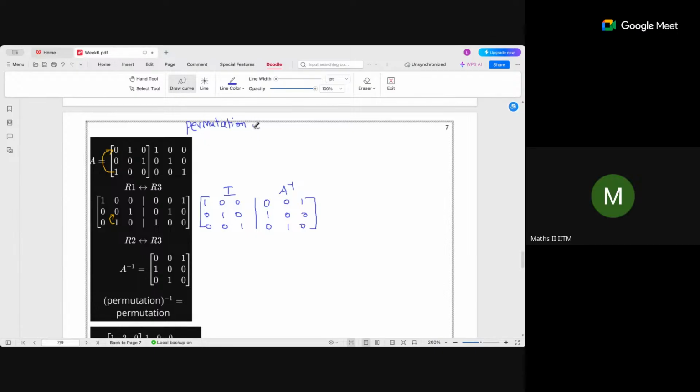So a permutation matrix is obtained by permuting rows or columns of I. So what is a permutation matrix? Is that clear? Yes. So we are always starting with the identity matrix for finding the permutation matrix?